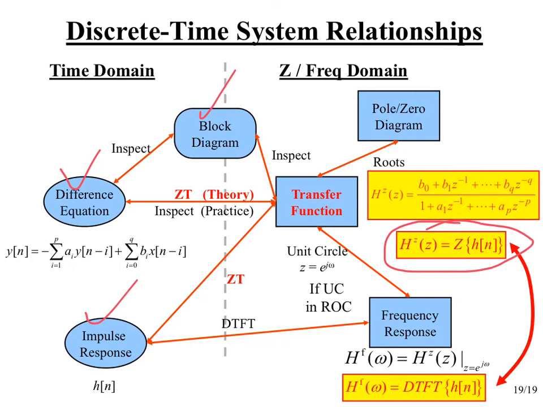I'm sorry, the transfer function, and we can do that by inspection, and then we can also link that to the impulse response, and we can also link it to the pole zero diagram. And when the unit circle is in the region of convergence, then we can replace Z by e to the j omega, and we can get the frequency response of the system. So these are very important concepts and insights into how to navigate around a system as we're dealing with it.